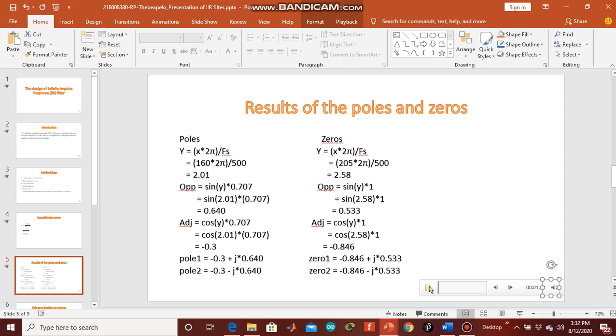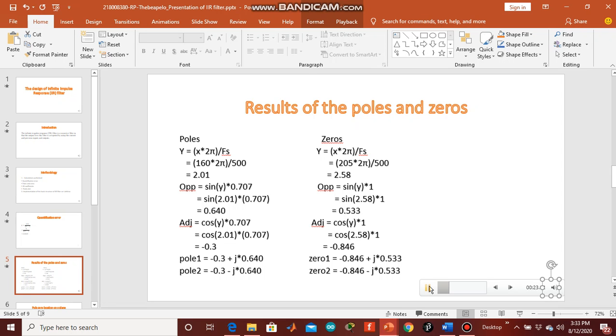Results of the poles and zeros. For poles, I have used 160 Hz, which was the signal frequency. I have multiplied it by 2 pi and divided it by 500, which is the sample frequency, to obtain an angle of 2.01.